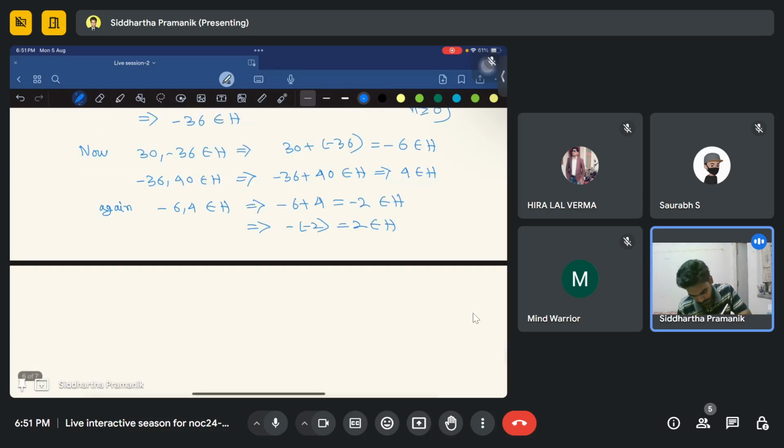So this implies H contains the subgroup generated by 2, which is 2Z. But why is it equal to 2Z?